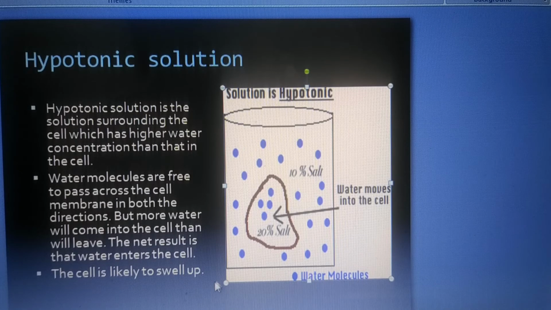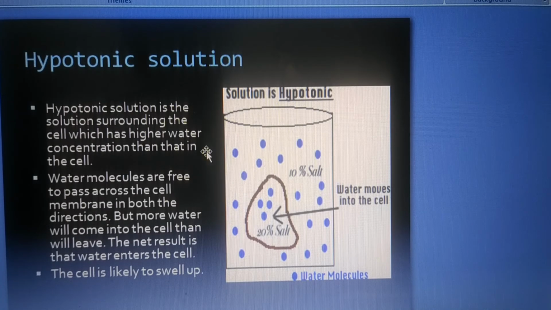So the net result is that water enters the cell. Because of that, the cell will swell up. This kind of solution, which has more water concentration than the cell cytoplasm, we call a hypotonic solution.